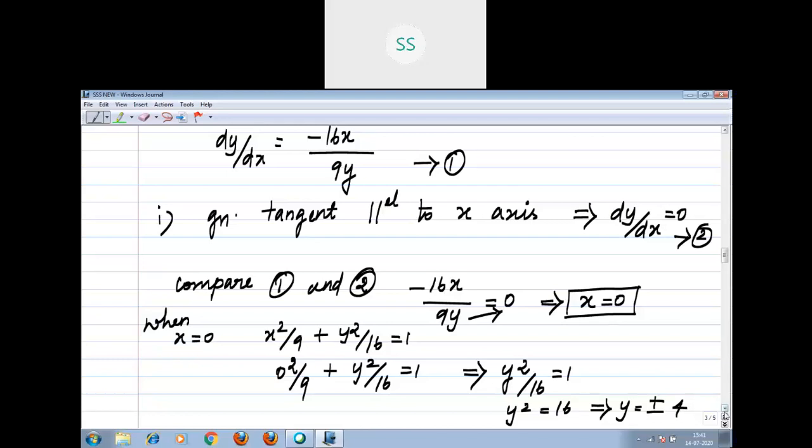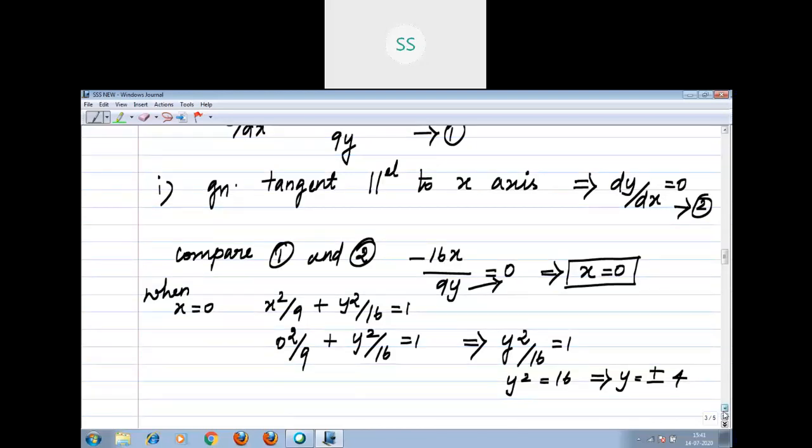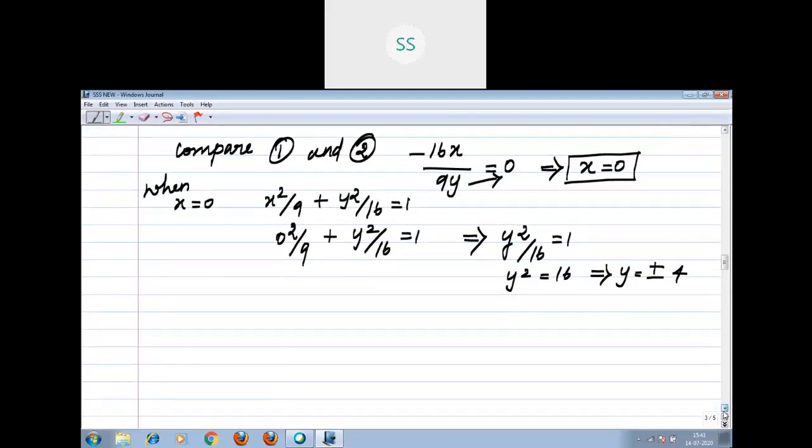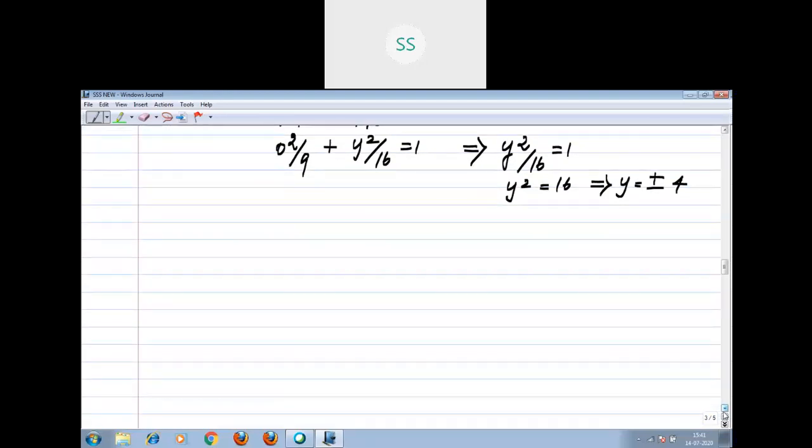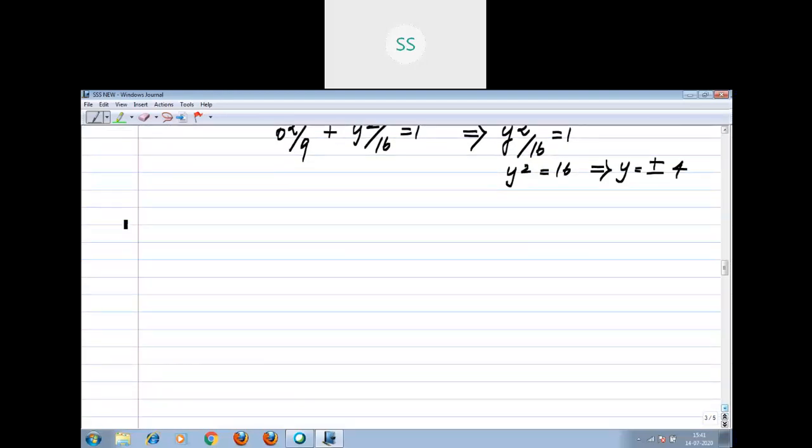Therefore, they are asking to find the points. You have to give a solution.